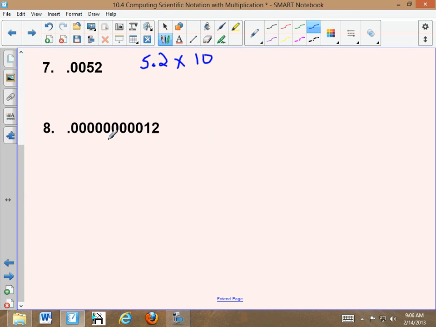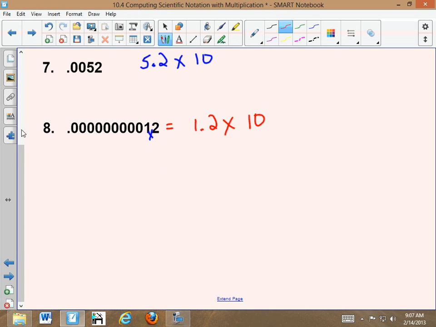Okay. Now, it has to be between the first 2 numbers. 0 is not a number. 0 is simply a placeholder. So the first 2 numbers are 1 and 2. So it has to be between the 1 and the 2. Okay? So I'm going to write this 1.2 times 10.